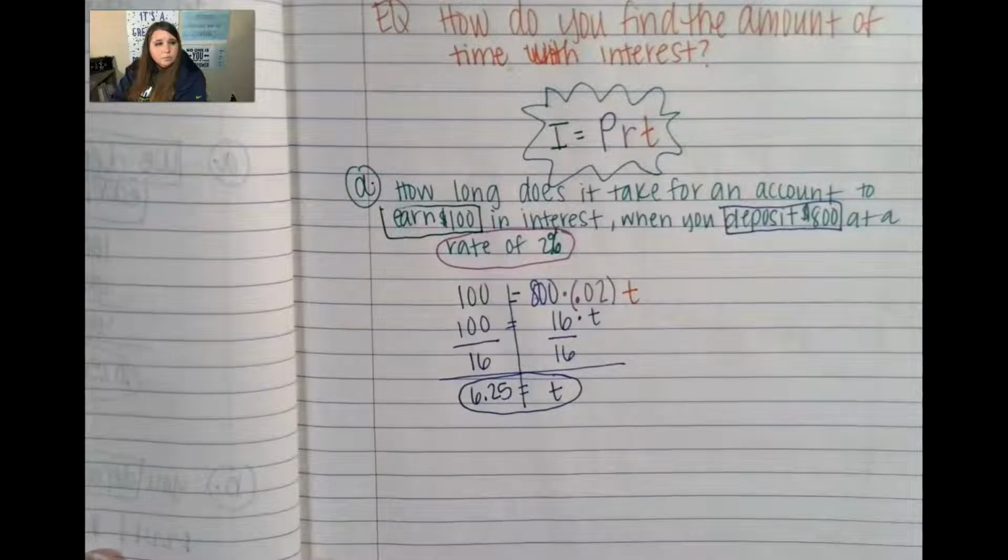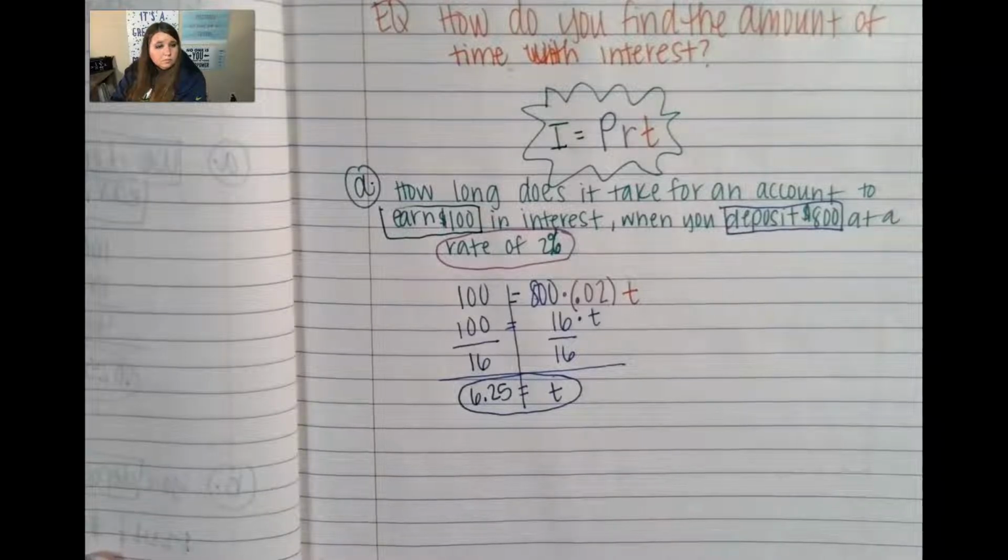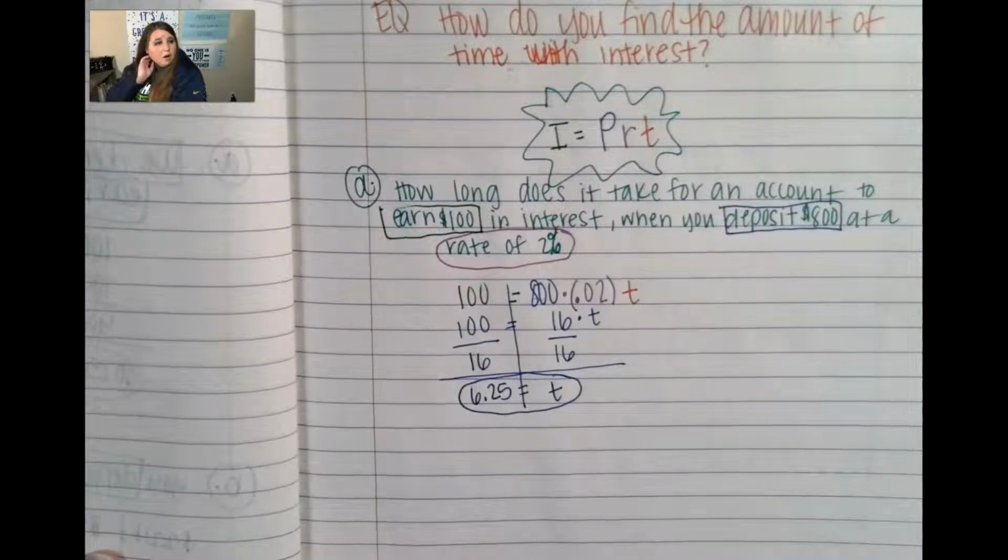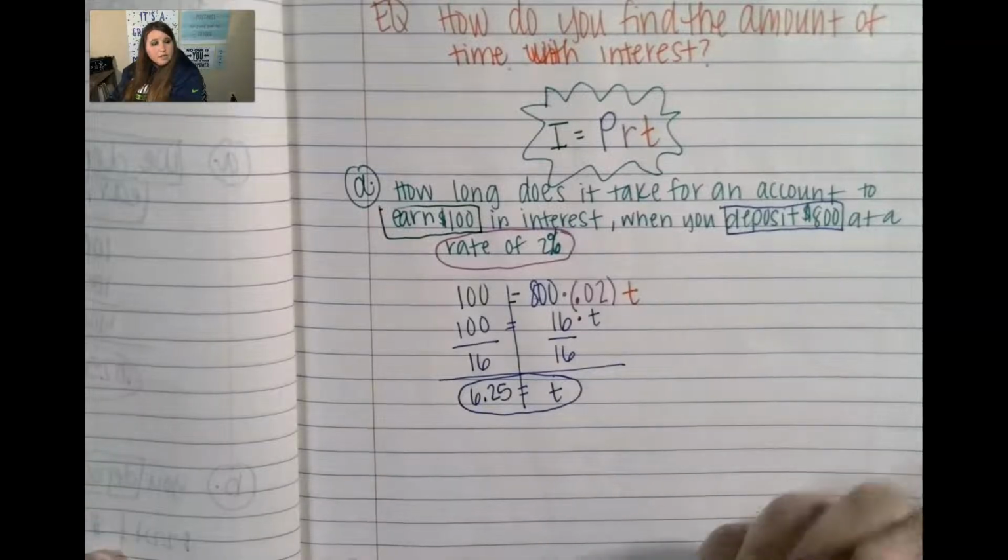So example number 2. It says we are depositing $400. We earn $36 in interest.